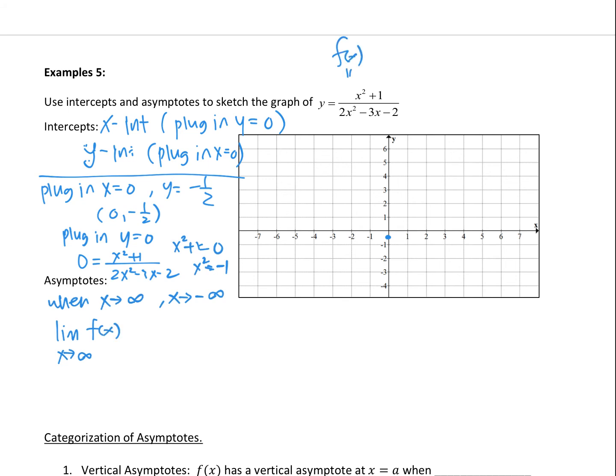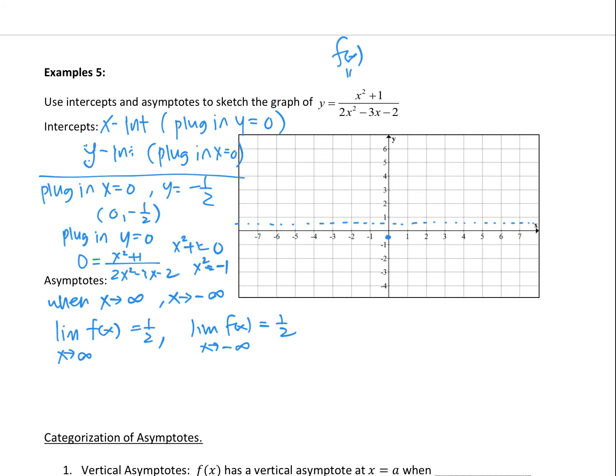The exponent on top is 2, the exponent on the bottom is 2. So the limit is going to be 1 over 2, right? So 1 over 2. The limit of f of x as x goes to negative infinity is basically the same thing. The power is the same, so it goes to 1 over 2. So that means 1 over 2 is right here.